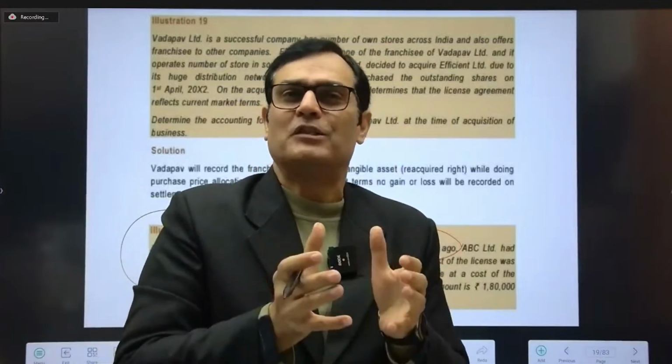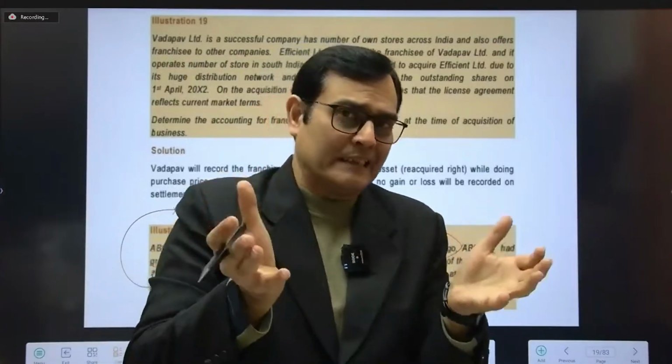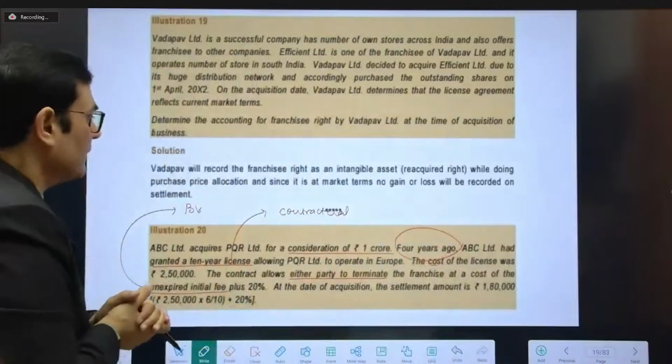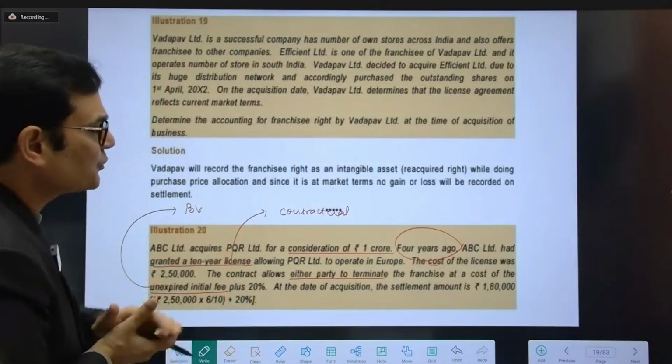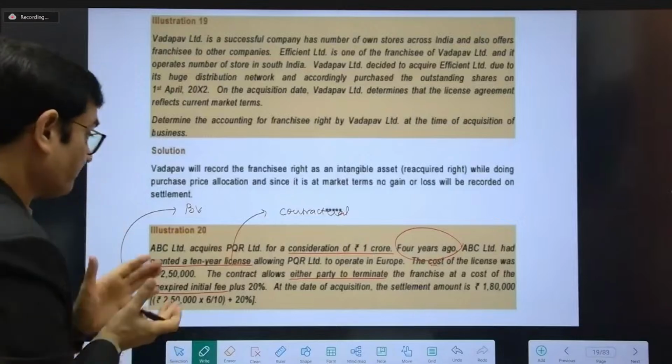So he would have started amortizing that intangible asset based on the contractual life. Because when you consider the life of an intangible asset under Ind AS 38, generally the life is based on the contractual life. Since it's got a life of 10 years, PQR would have decided to amortize this license over 10 years.